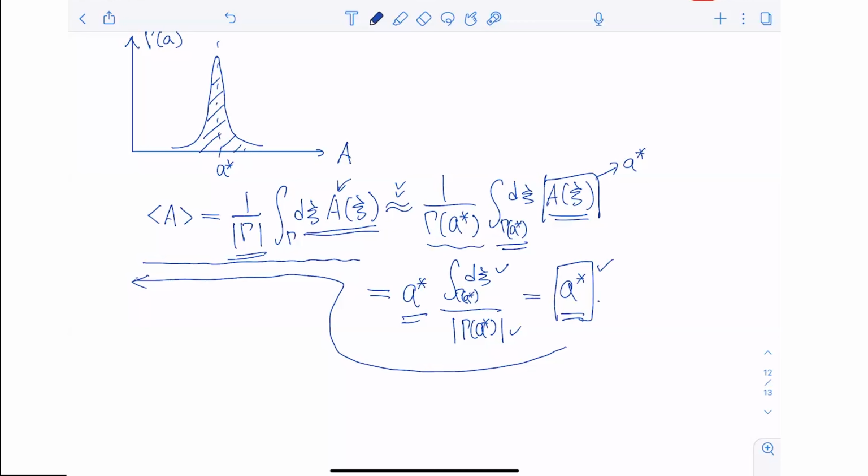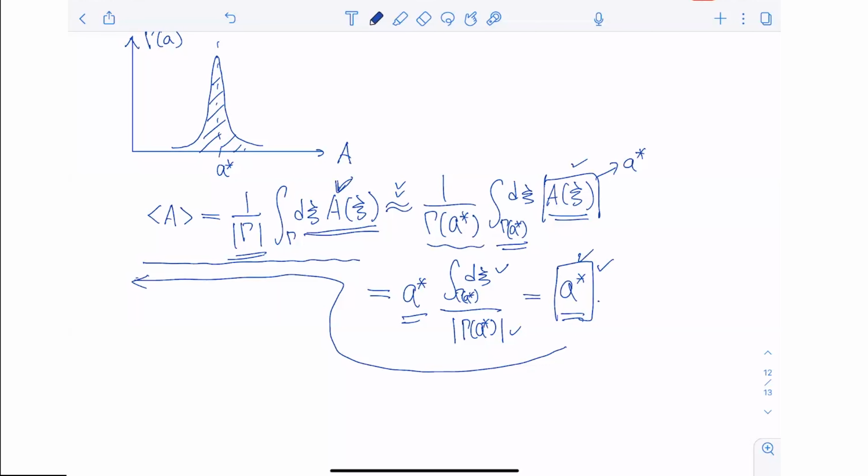And the reason that it is not going to change this value of A star too much is that the dominant contribution is coming from the equilibrium value. Even though this integral will include some other values that are different from A star, the probability of that is extremely small. So I don't care about this very small probability.